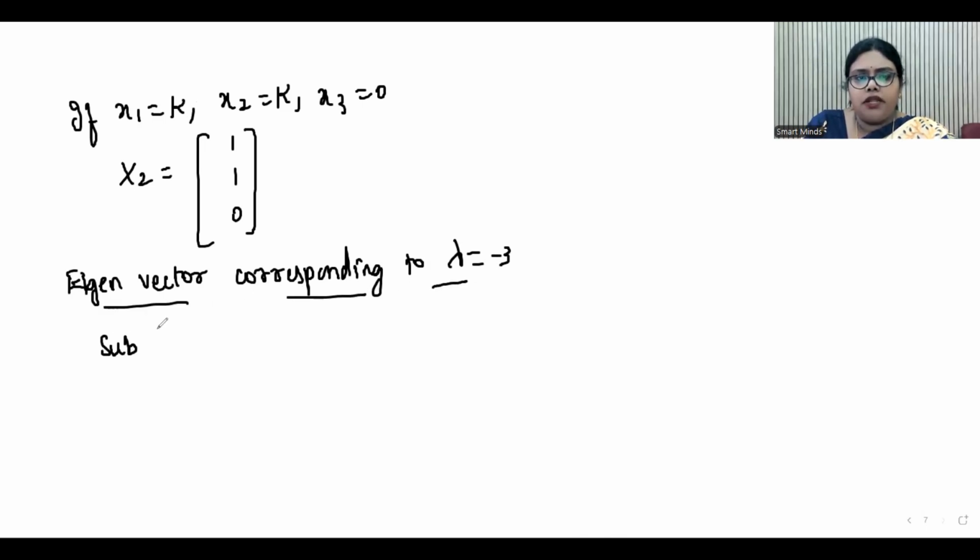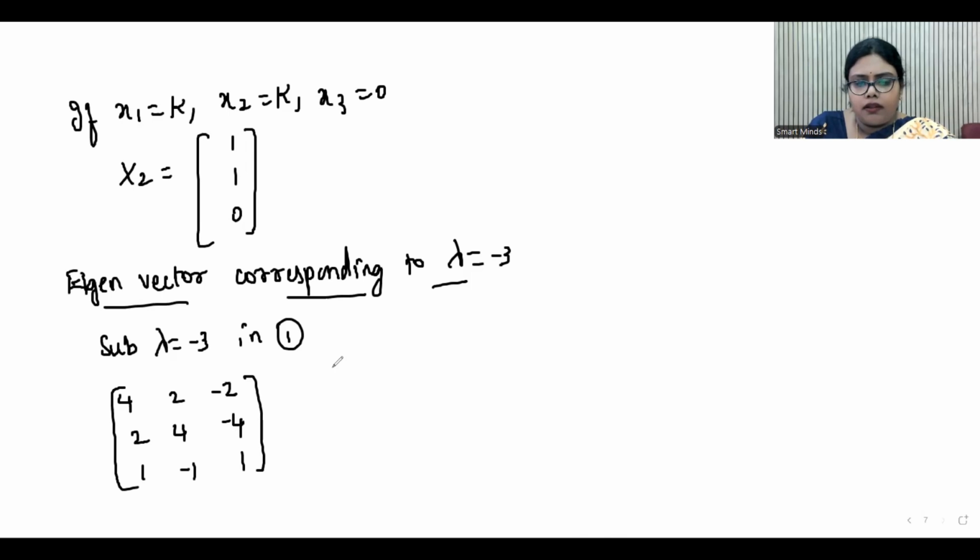Now substituting lambda is equal to minus 3 in the first equation. So you will get 4, 2 minus 2, 2, 4 minus 4, 1 minus 1, 1 into x1, x2, x3 is equal to 0, 0, 0.